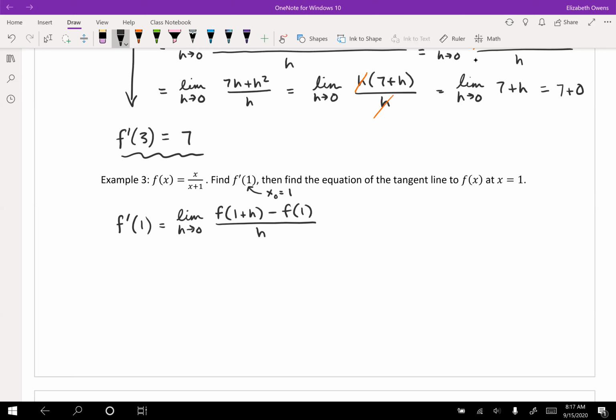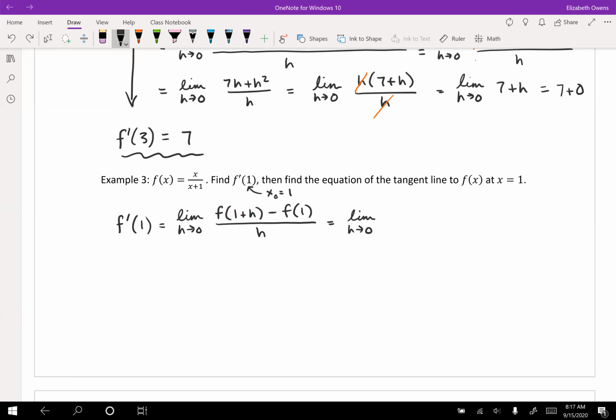Okay, so let's plug stuff in. Limit as h approaches 0, and we're going to plug in 1 plus h into our rational function, so up there, down there, plug in for those x's.